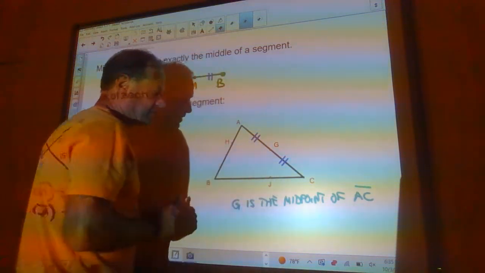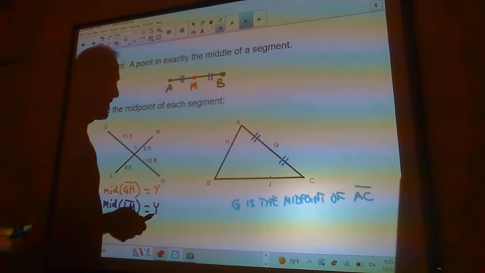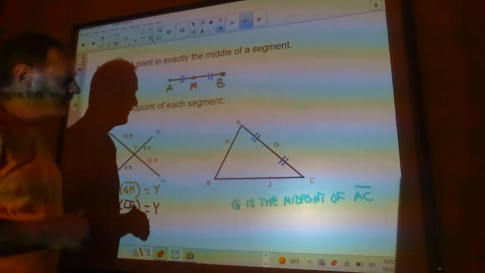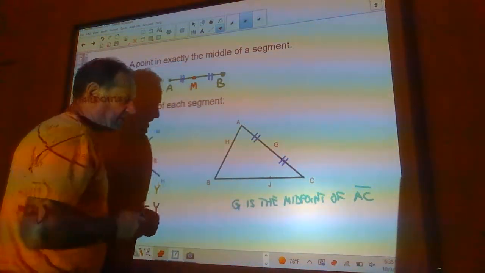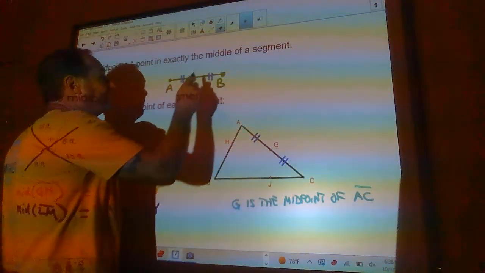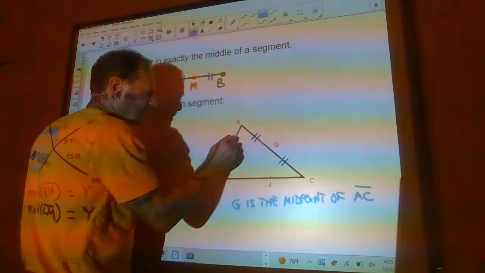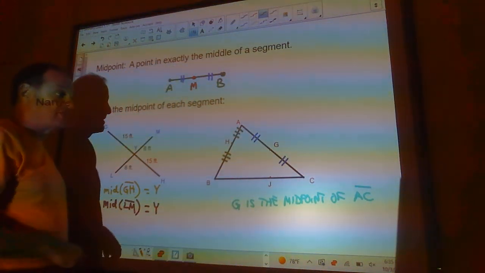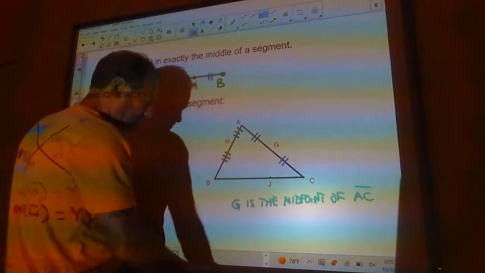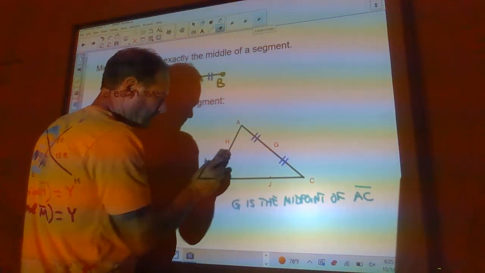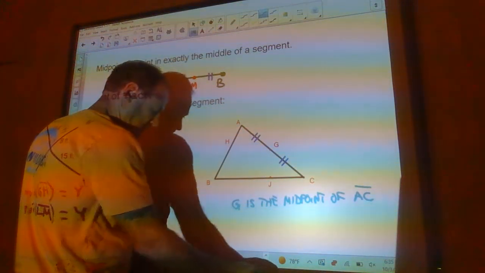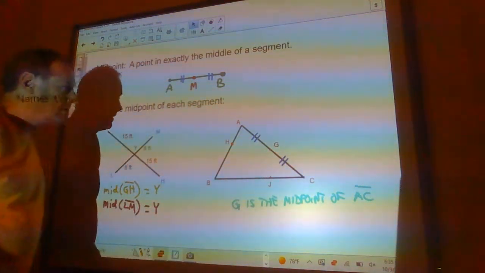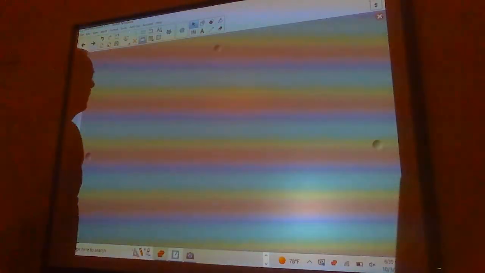Sometimes people will try to trick you by drawing something that's obviously not correct and then putting marks in to make it correct. H is not the midpoint of AB unless I were to do something dastardly like this. Now you would say, yes, H is the midpoint of AB. We're not going to do that here. Oops, I got rid of my H. Okay, moving right along.